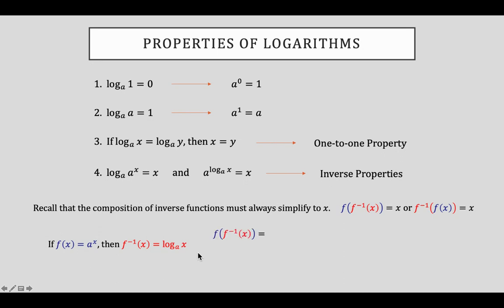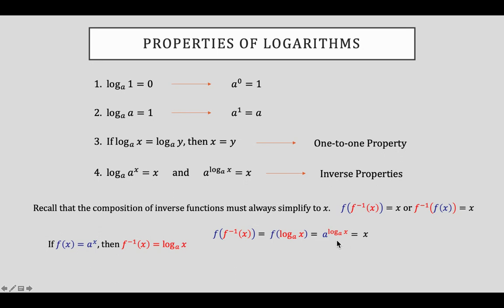If we take the composition of those two functions, take f of f inverse of x, that means I plug in log base a of x in for x into my exponential function. That would give me a raised to the log base a of x. And because these two functions are inverses of each other, that must simplify down into x.